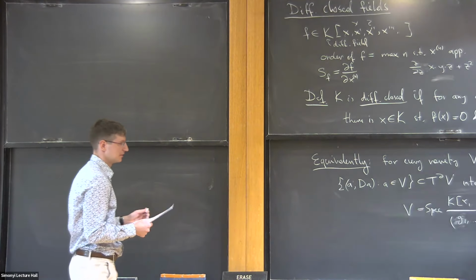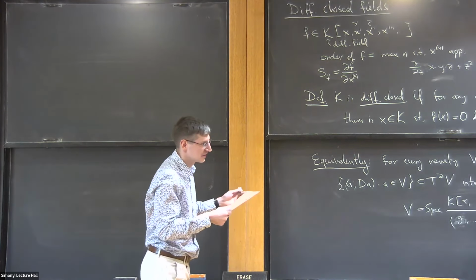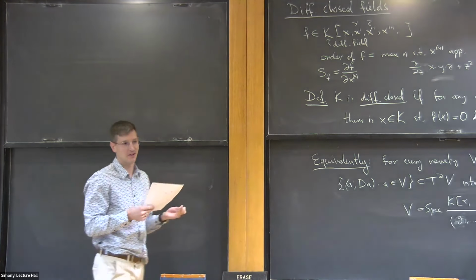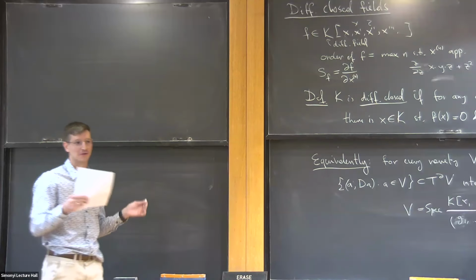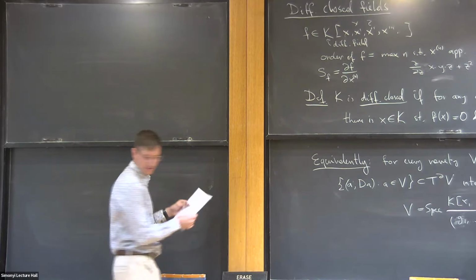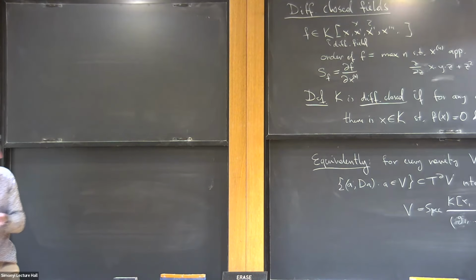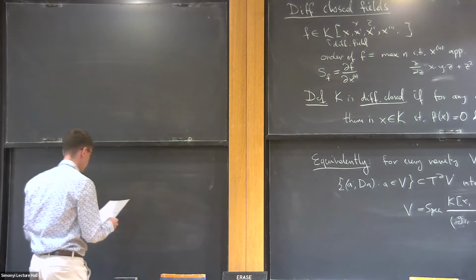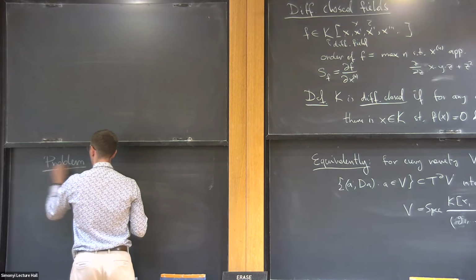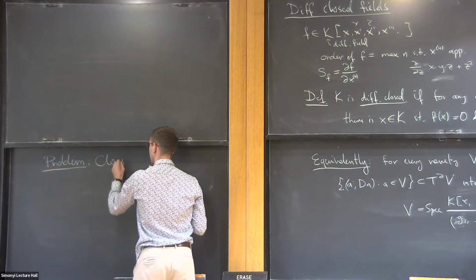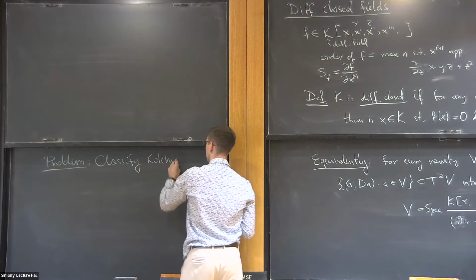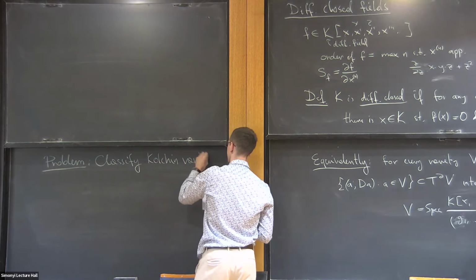So these differential closures are a bit abstract, but algebraic closures maybe are also a bit abstract because we don't even know their automorphism groups. But anyway, somehow the problem one could pose in this geometry is to classify Kolchin closed sets, or Kolchin varieties.